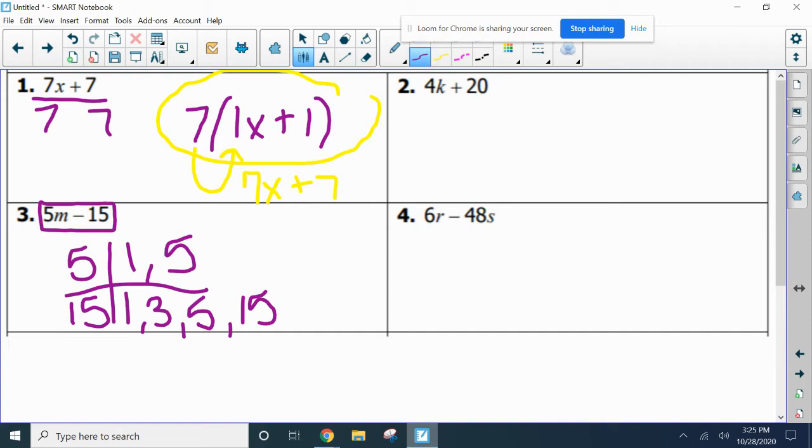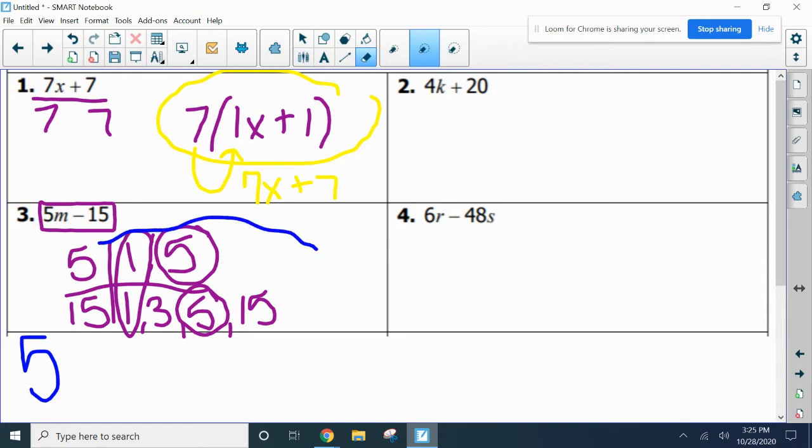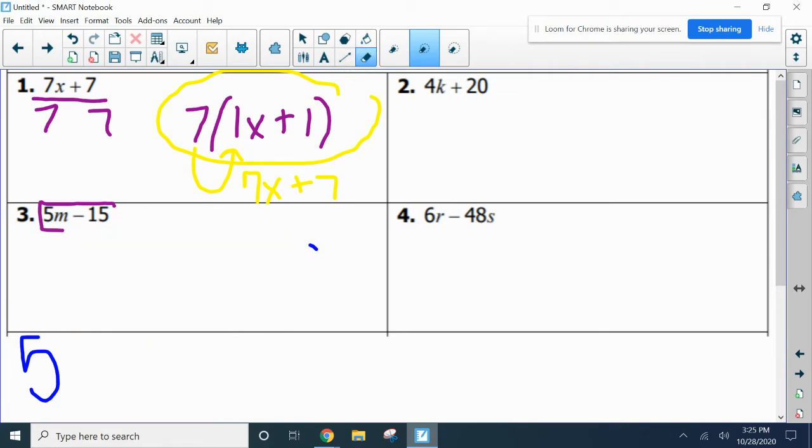Looking at those two, I know that 5 multiplies to give me both of these, and they both share 1. So I know that 5 is going to be my greatest common factor. Or you could also have done it like I said earlier, where we know 5 is a factor of 15, so I didn't even have to make my table.